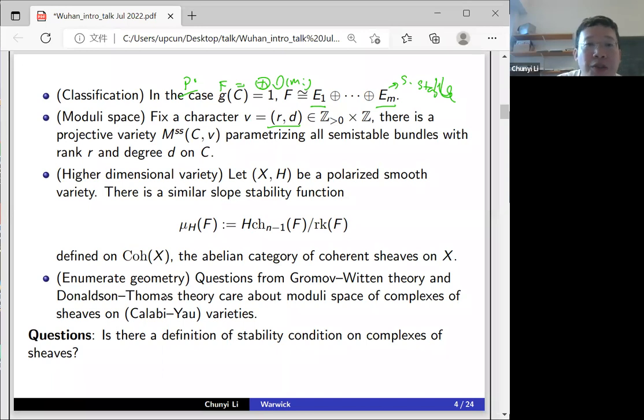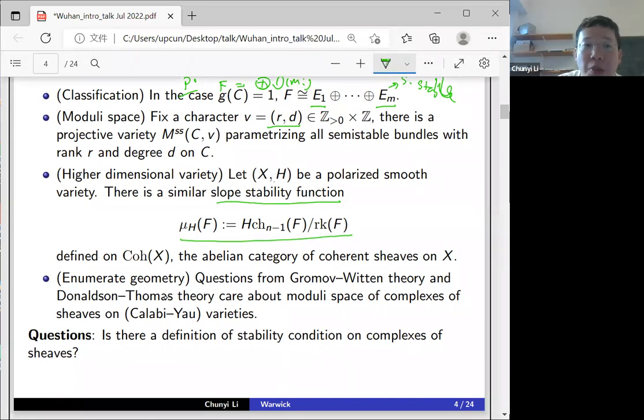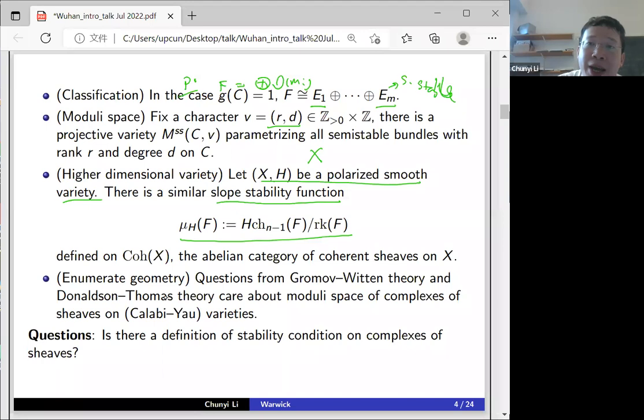There we can also define the so-called slope function given by this. If you're not familiar with polarized varieties, I just mean that X is a smooth variety, with an embedding of X into some projective space, and the slope here is also defined using the degree.